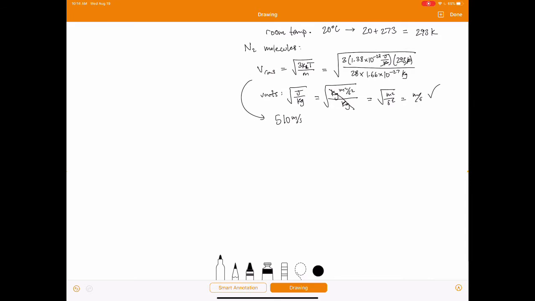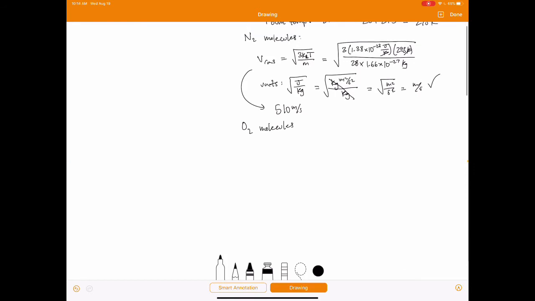Okay. Now let's look at the O2 molecules. And the only difference here is the mass, okay, because we're assuming the same temperature, room temperature. So VRMS in this case is going to be the square root of 3 times 1.38 times 10 to the minus 23. I'm going to leave the units off this time. You've seen how they work out.